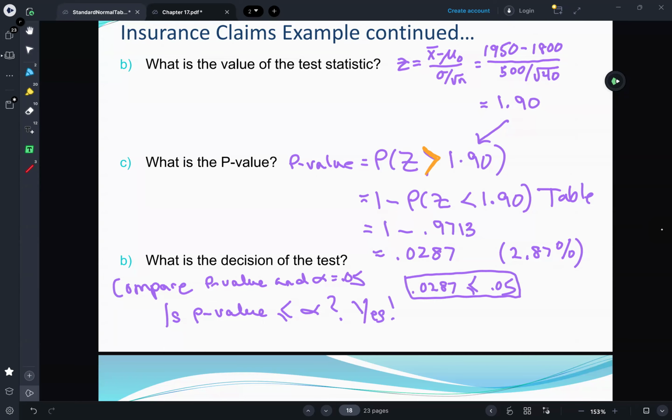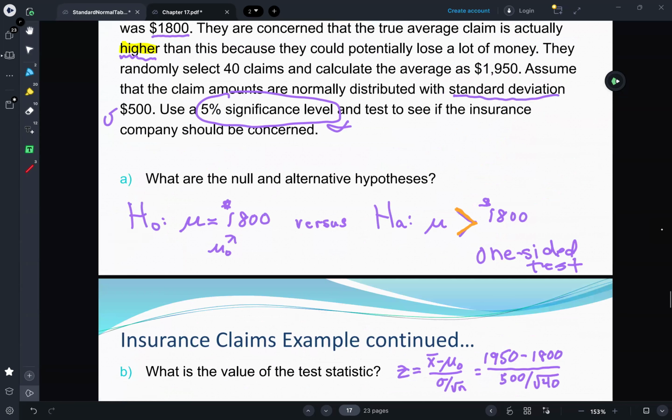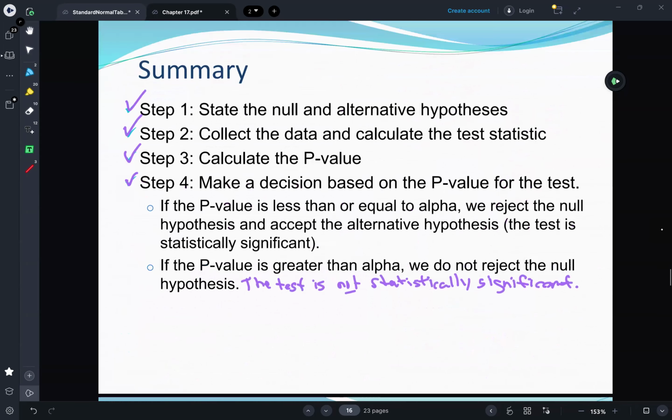And we say yes, then what do we do? If the answer to that question is yes, do we reject or do we not reject? Reject. Okay, some of us aren't sure, so let's go back because it's brand new to us. Let's go back and consult our summary. So this is a really good slide. You want to know this slide.